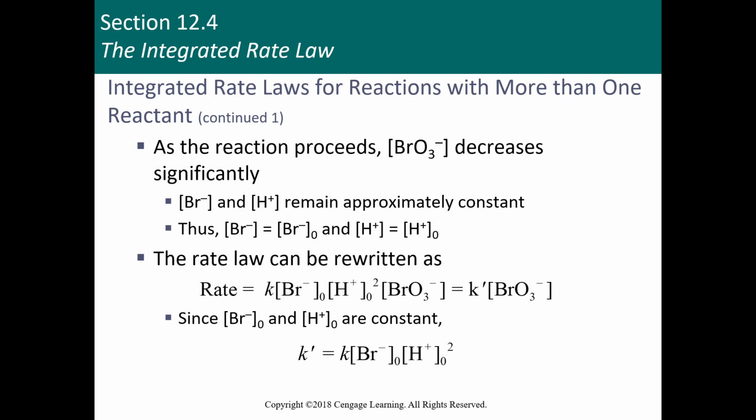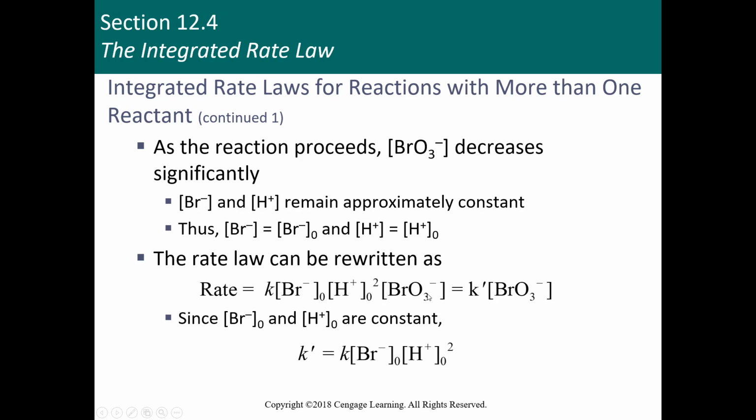They'll decrease so little they'll have almost no meaning. So the rate law can be rewritten as so. Throughout this reaction, your Br- and your H+ will essentially not decrease, because there's so little of this that when you subtract that number, you just round these right back up to 1.